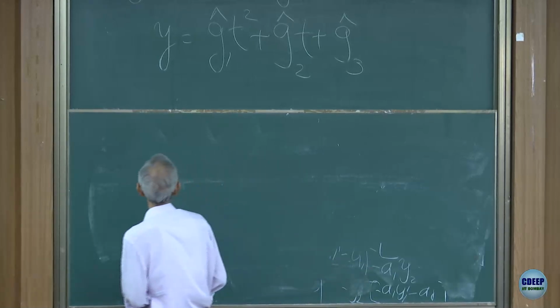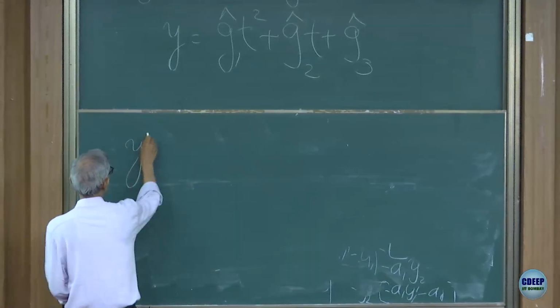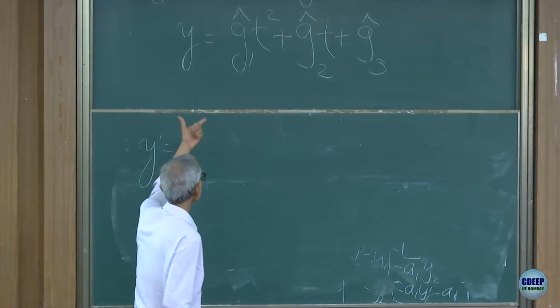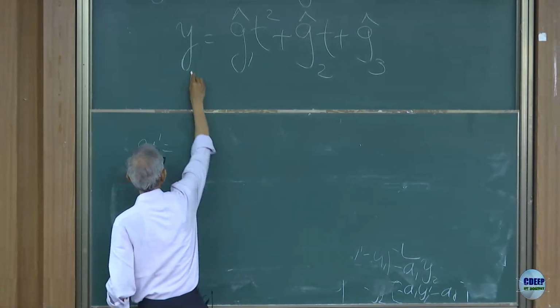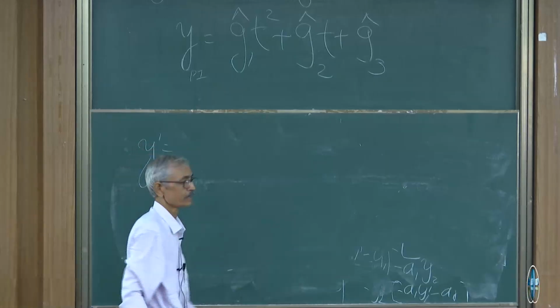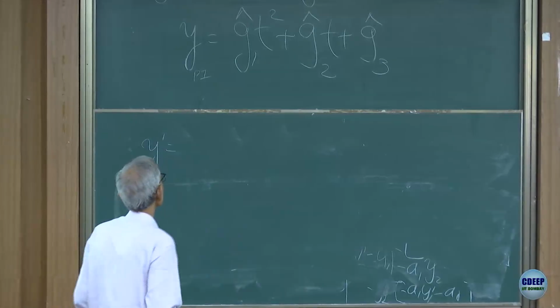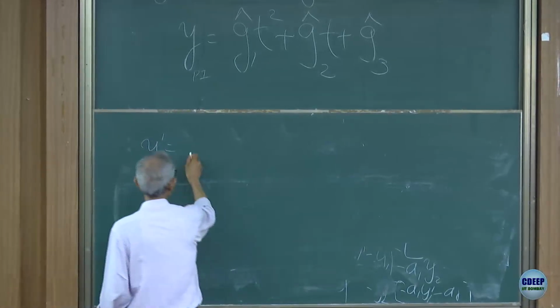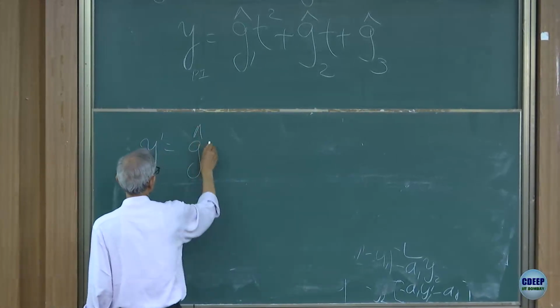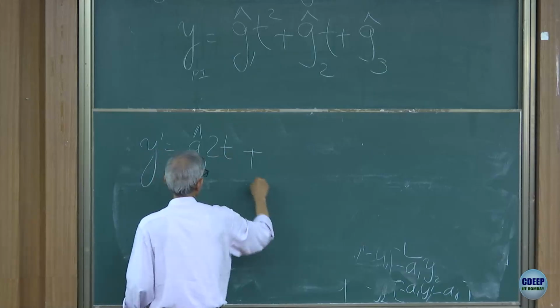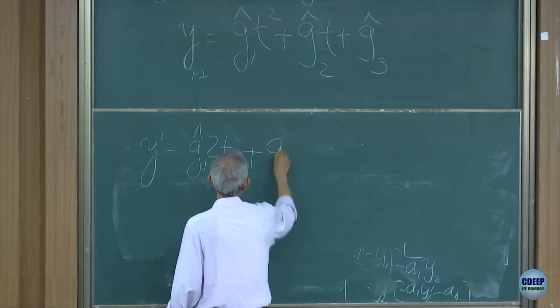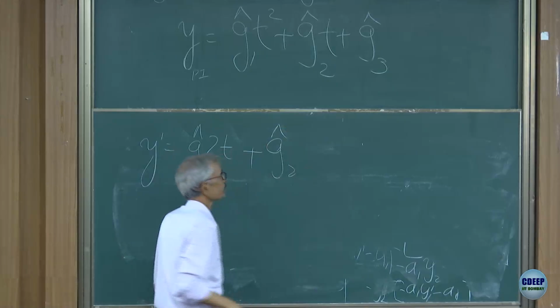We are hypothesizing that this y, the so-called particular integral, is the solution to the governing equation, and therefore y prime is g1 hat times twice t, I'm just taking the differential, that's all, plus g2 hat.